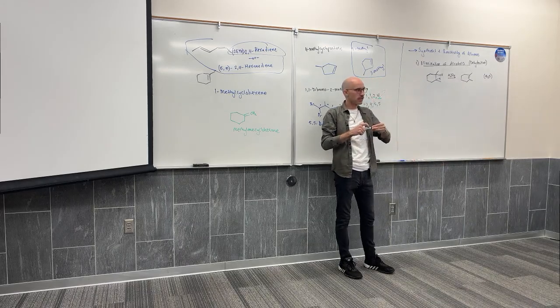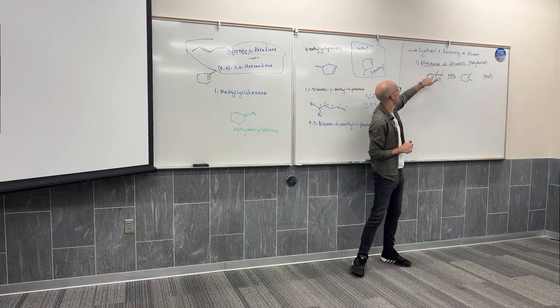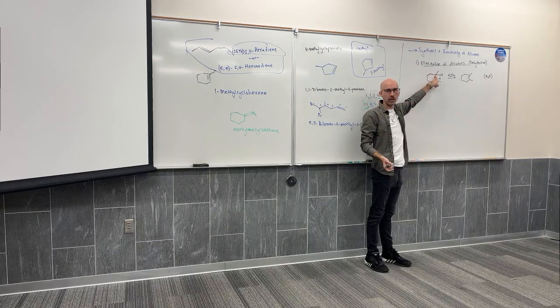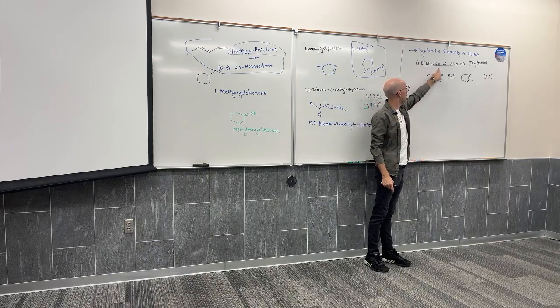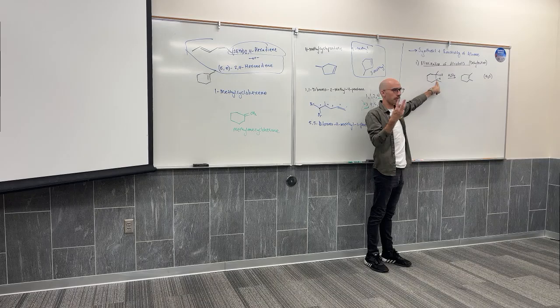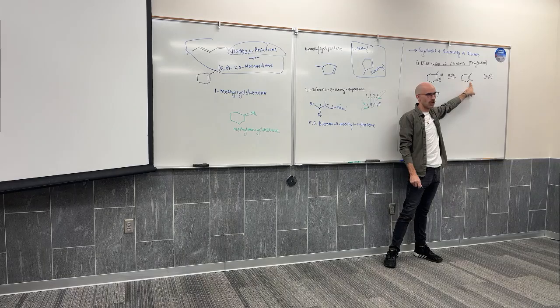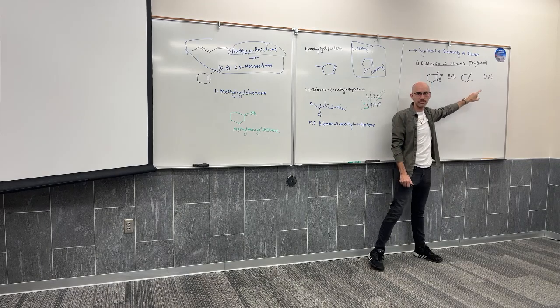If we use some descriptive terms like alpha and beta, we could say that this is the alpha carbon. It has the alcohol. Any carbon attached to that is a beta carbon. Beta, beta, beta. There are 3 beta carbons for that tertiary alcohol. And one of them was involved in the elimination reaction.